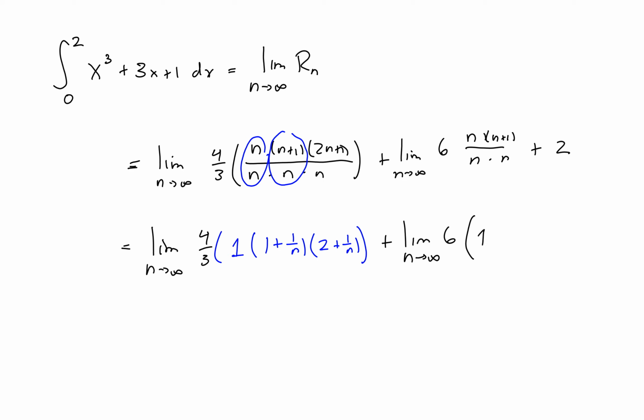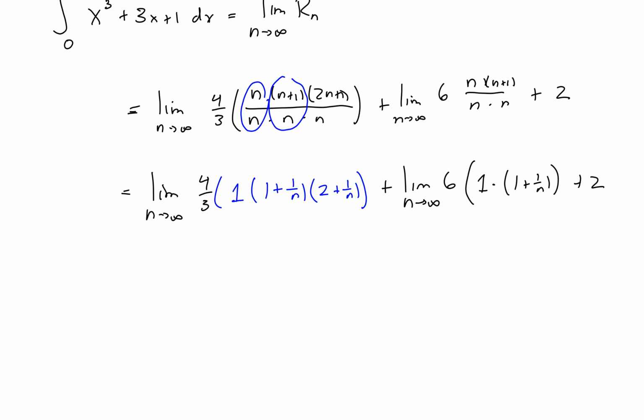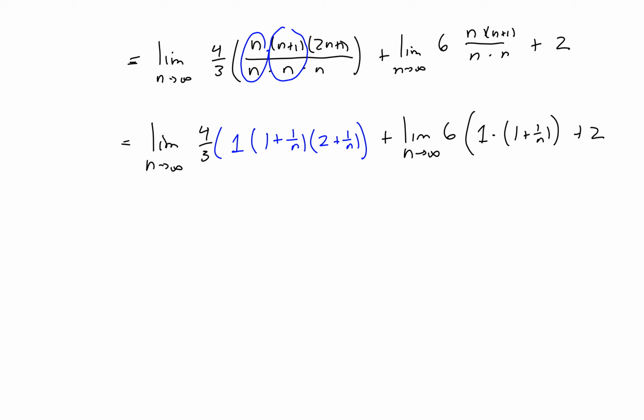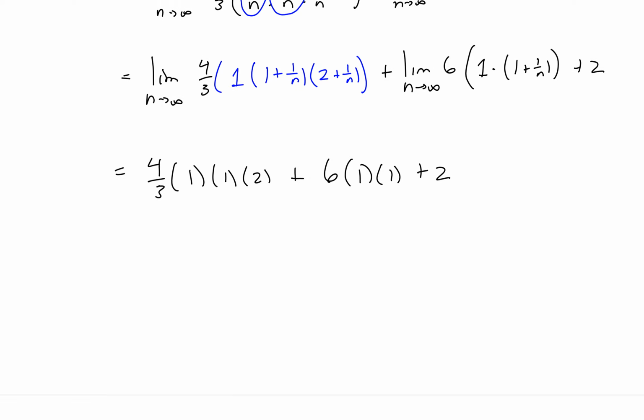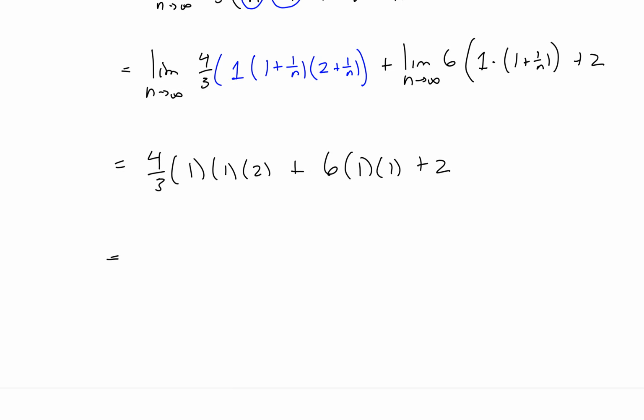And then for this, I'm going to get a 1 times 1 plus 1 over n, and then plus 2. And then just note as n goes to infinity here, I get 4/3, and then I get 1 times 2, because 1 over n goes to 0 as n goes to infinity, plus 6 times 1 plus 2. And so if we simplify this, we get 32 over 3.